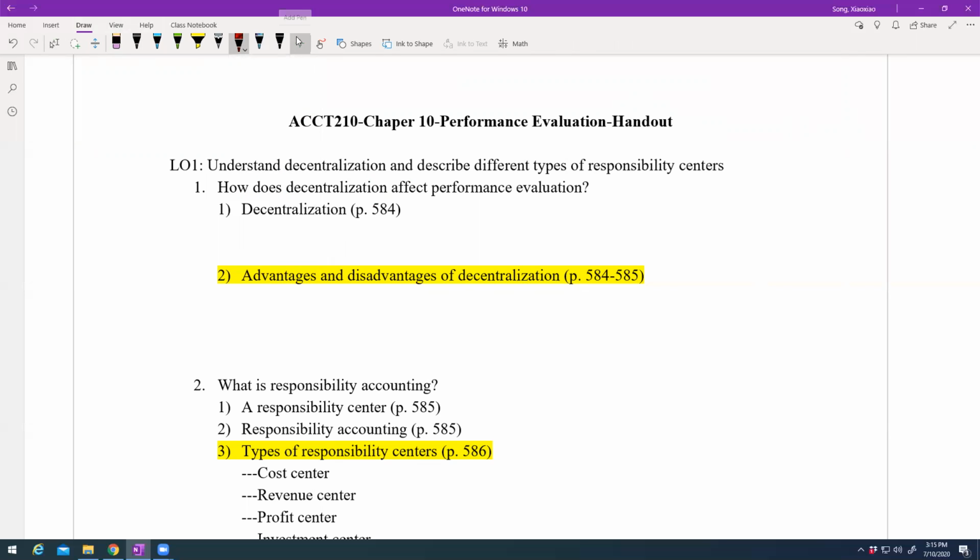Learning objective 1: understand decentralization and describe different types of responsibility centers. First thing is, what's the meaning of decentralization? This is from your textbook, page 584. As I always say, decentralization is the opposite of centralization.